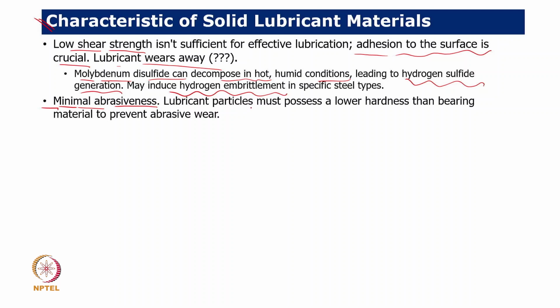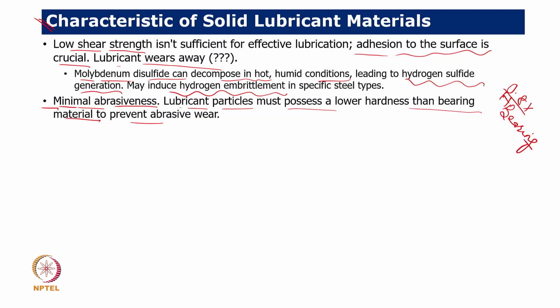In other words, the lubricant particle must possess a lower hardness than the bearing material, because we know that if the hardness is less than 0.8 times the hardness of the bearing material, abrasiveness will not occur.